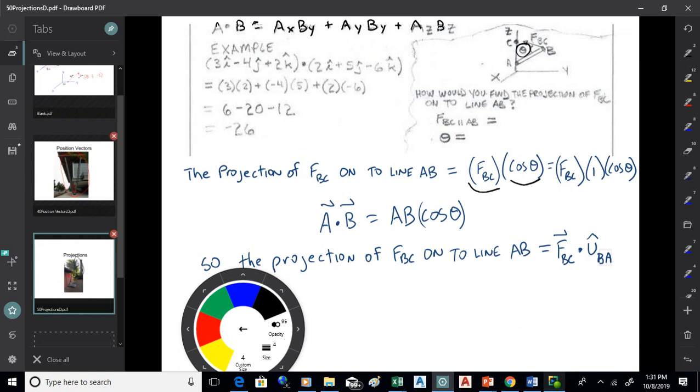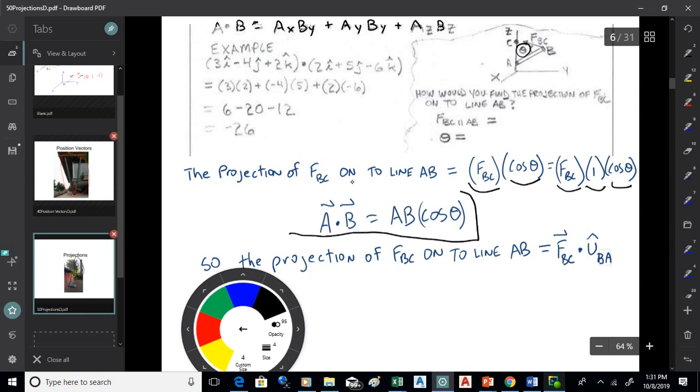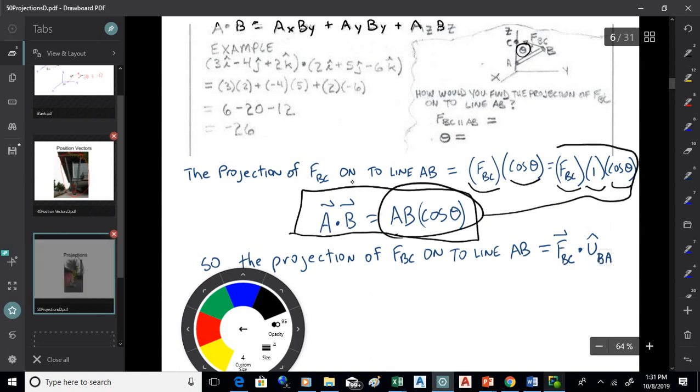So what FBC cosine theta is, FBC, I'm going to just say times 1 times cosine theta, and I'll explain that here in a minute. Now, I've got a nice little mathematical tool here that's A dot B is AB cosine theta. Notice that looks like it might fit into this little way I've written this up, doesn't it?